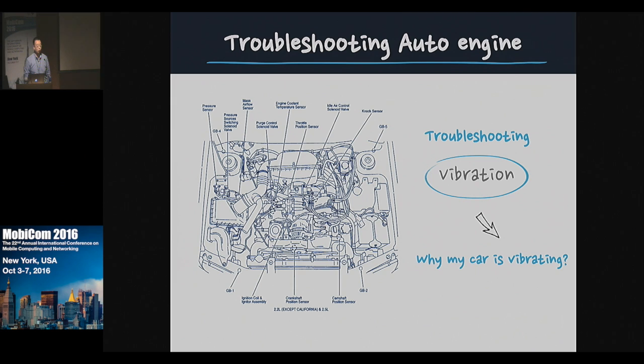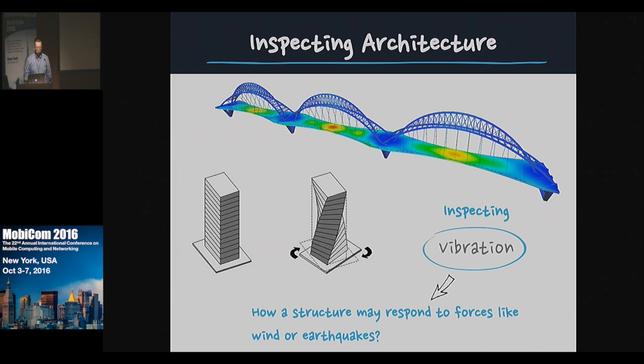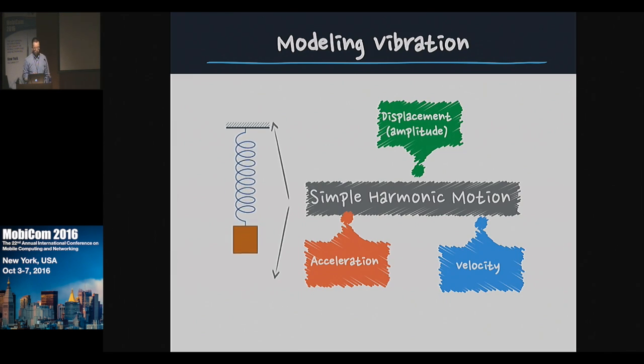Maybe you ask yourself, what does it mean if my car is vibrating? And each bridge and building has a fundamental frequency at which it vibrates. The fundamental frequency indicates how this architecture responds to forces, like winds or earthquakes. It's important to measure the fundamental frequencies of architecture.